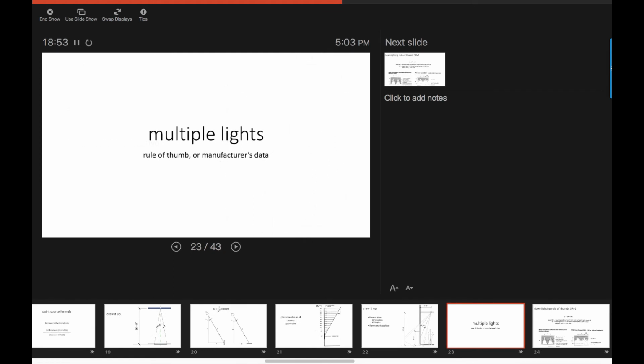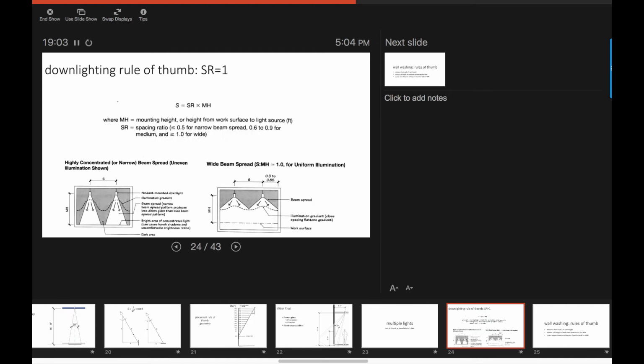All right. So when you have multiple lights in a row, something like a corridor, you're going to want to use rules of thumb when you're first laying them out. And the basic rule of thumb for downlighting from recessed cans, which you can picture here down at the bottom, some sort of can or suspended fixture, is that it's going to have some kind of beam spread.